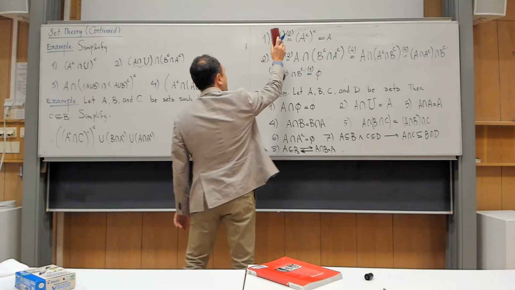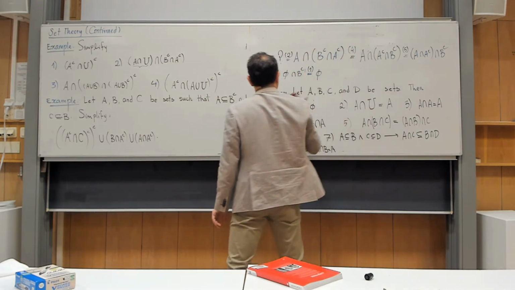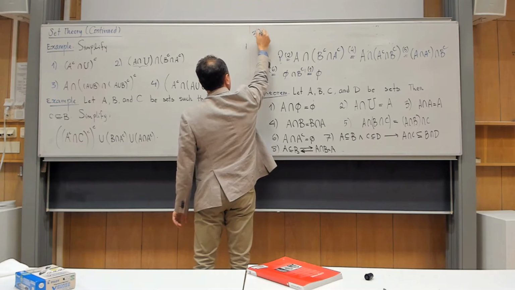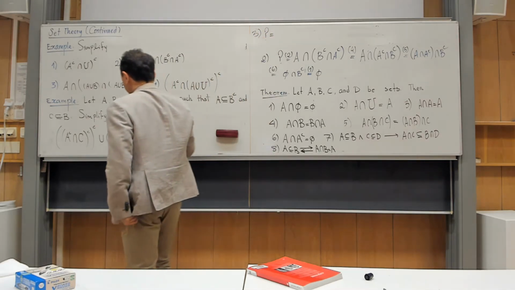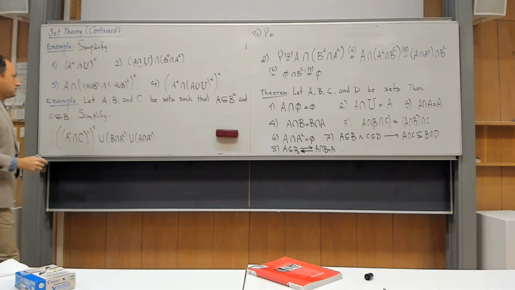So if you don't mind, let me just clean number 1. So here, number 3, the question mark is equal to. I think this is very, very simple. I want to hear from you. What should I do first?